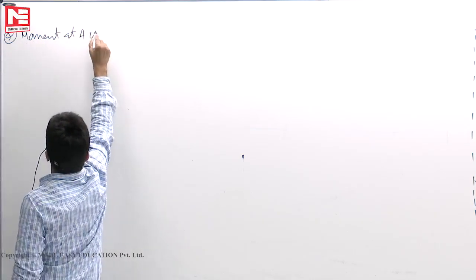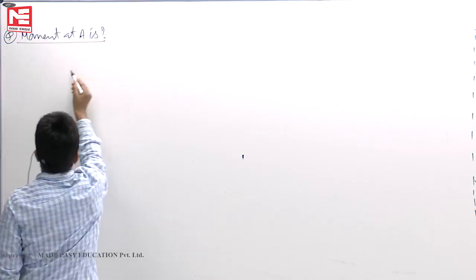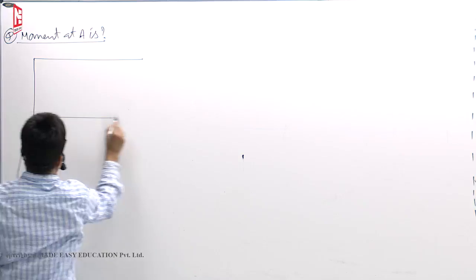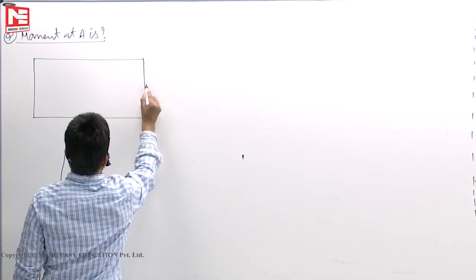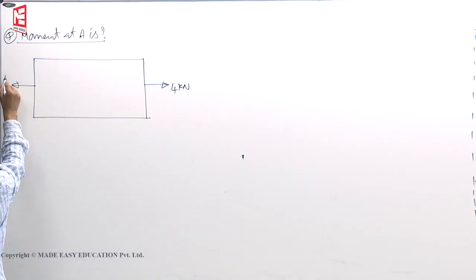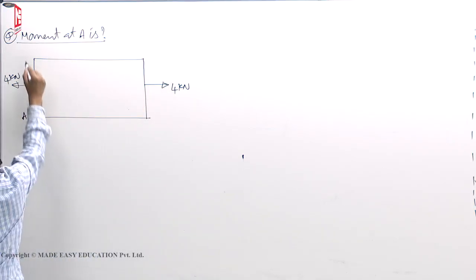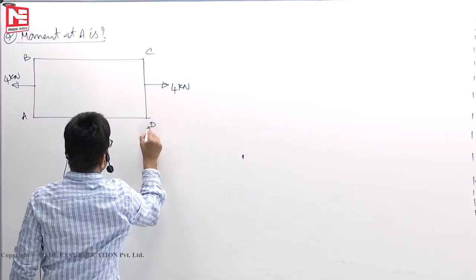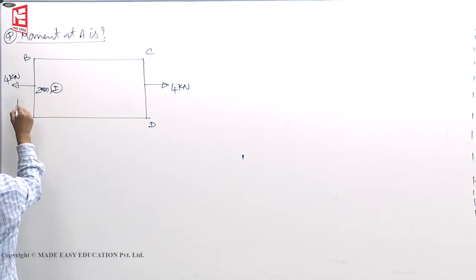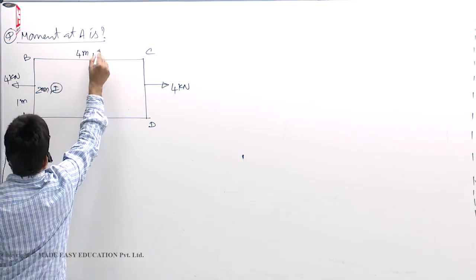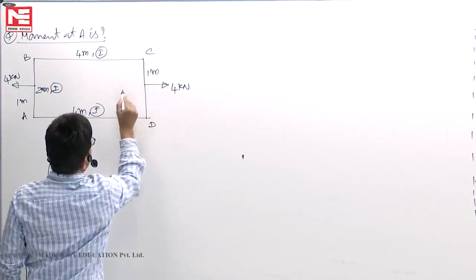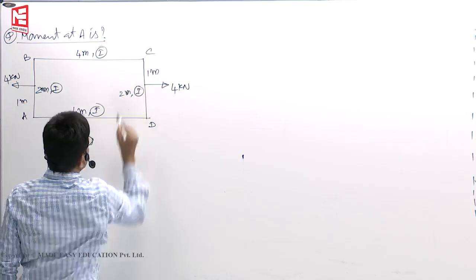Moment at A is. Now, let us see one box frame. This is say 4 kilonewton. 4, this point say A, B, C, D. This is 2 meters I, this is 1 meter. 4 meters I, this is also 4 meters I, 1 meter, 2 meters I.